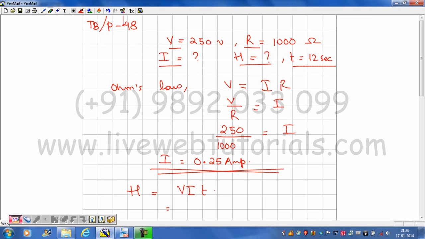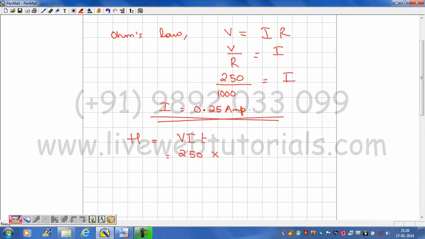V is there, that is 250 multiplied by the current you have just now found, 0.25, which can be written as 25 upon 100, multiplied by the time given is 12 seconds. 25 ones are 25, fours are 4, threes are 12. 250 multiplied by 3 is 750. Its answer is going to be in joules.